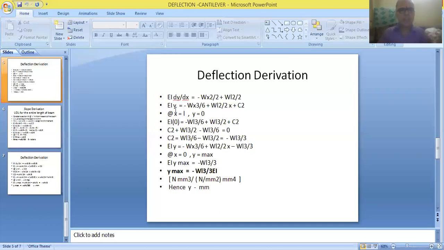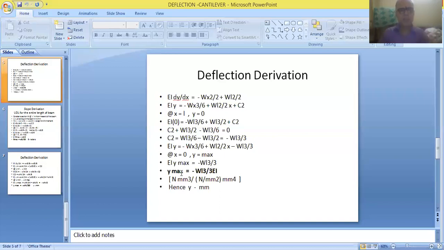Therefore, EI into Y is written in this fashion. Now, in this equation, x is taken as 0. If x is taken as 0, we will get the maximum value of deflection. So EI into Y max will be equivalent to W into L cubed by 3. By making all these substitutions and taking x as 0, both terms vanish and you will be left with only this parameter. Therefore, EI Y max is written as this parameter.